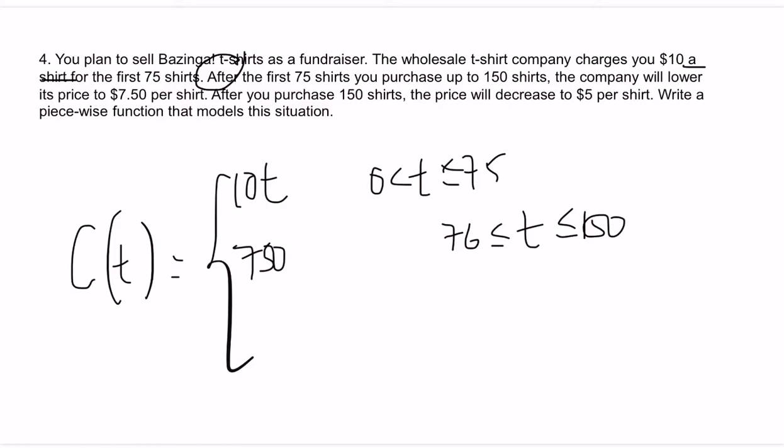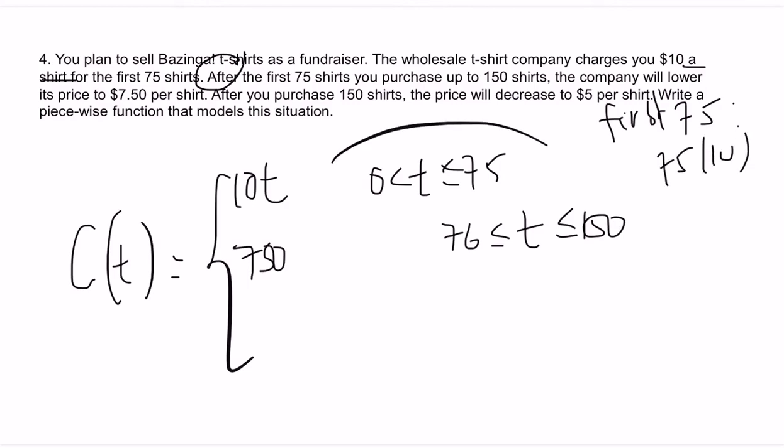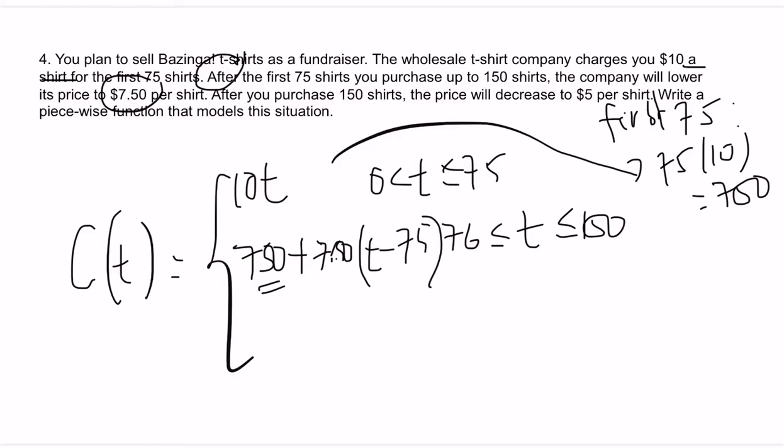The first 75 will be 75 times 10, which equals 750. That is why we have this 750. Then we will add the excess. So for the excess, we have 750 plus your excess, which will be the rate times T minus 75, the excess of 75.